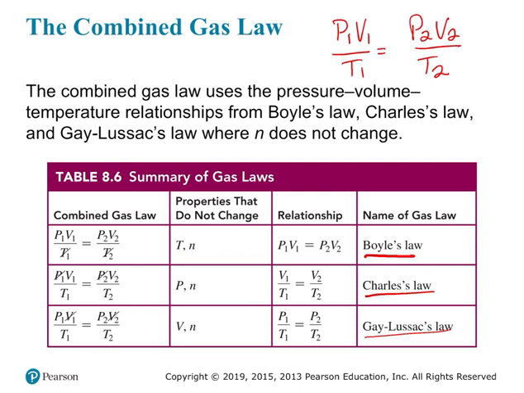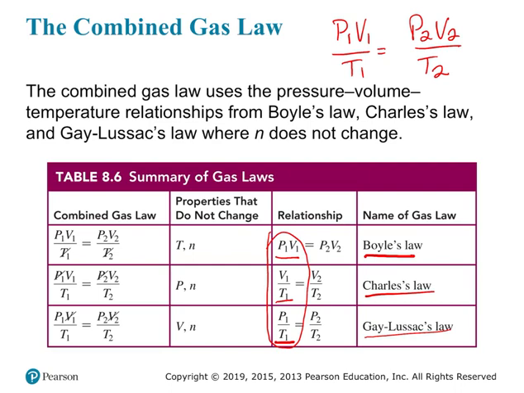So we took all of the laws that we already learned, where P1 V1 is equal to P2 V2, V1 over T1 is equal to V2 over T2, and P1 over T1 is equal to P2 over T2. So we just kind of combined all of these different relationships into one law.